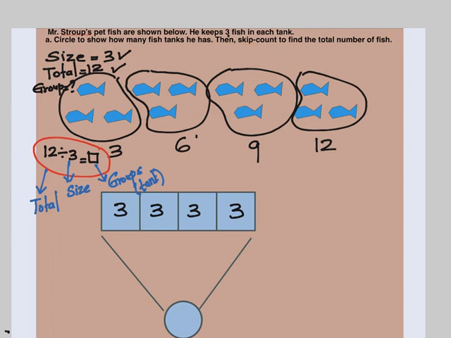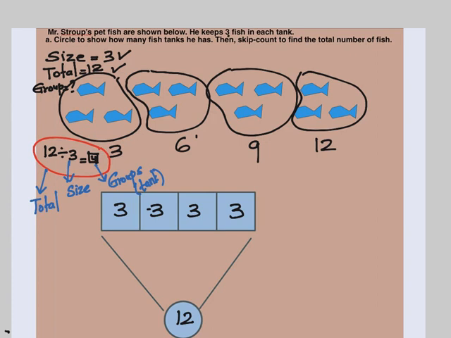So there are 4 tanks. So 12 divided by 3 equals 4. And we know the total as 12. So this is the tape diagram that I've drawn, and this is the number sentence.